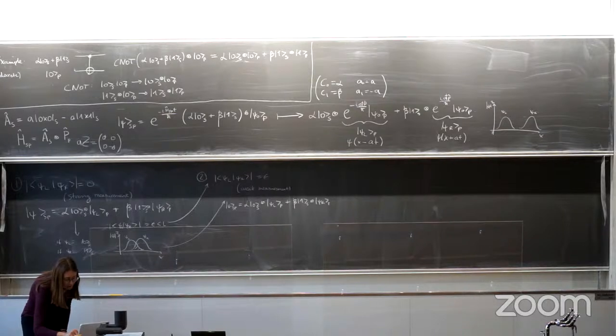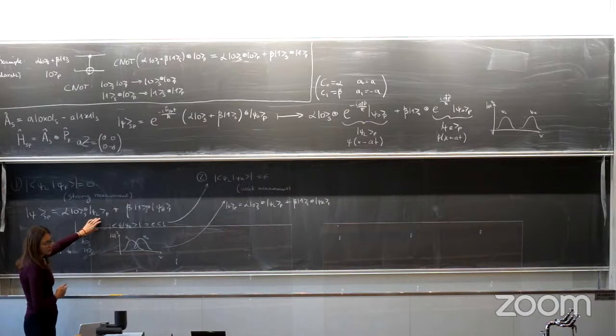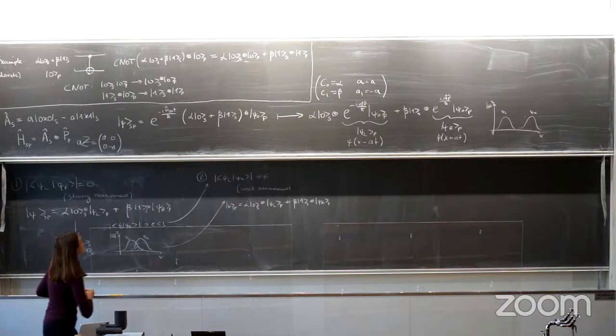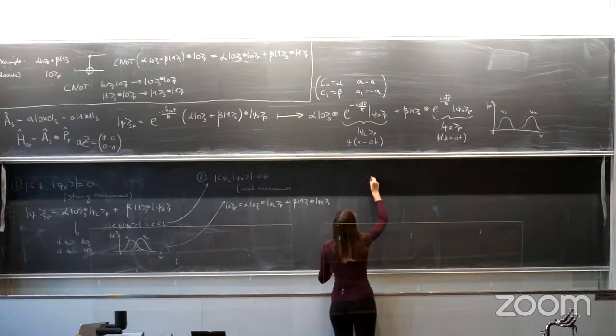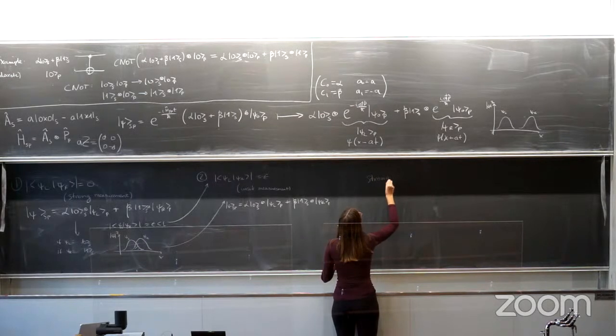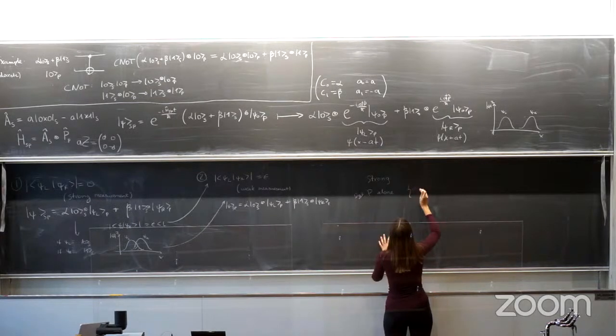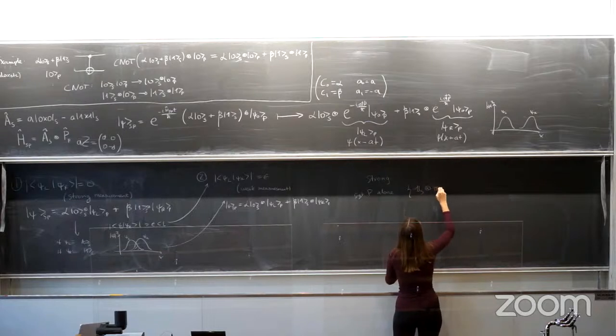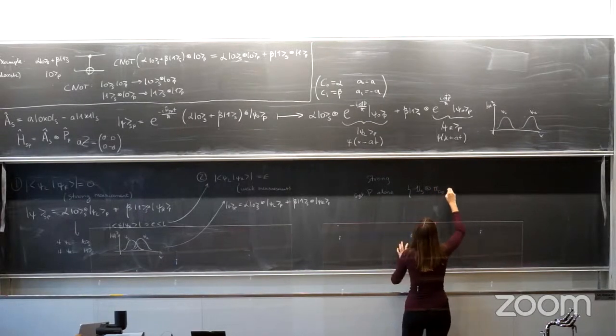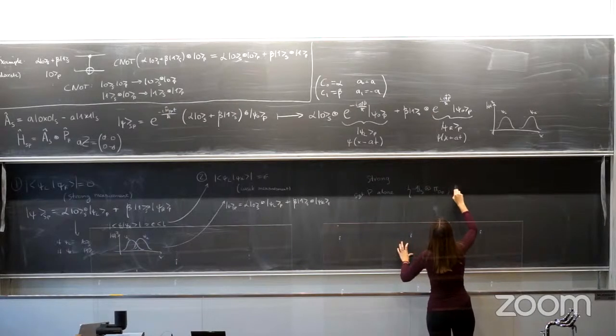For the strong measurement case, when we perform the measurement on a system P alone, we just need to find the following system of projectors: when we don't apply anything on system S, and then apply projector pi0 on P and pi1 on P.